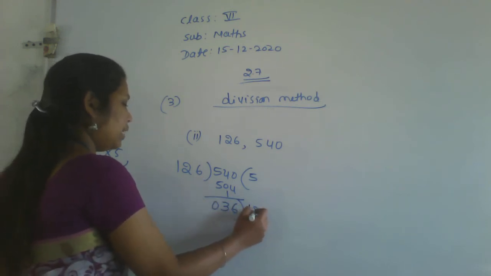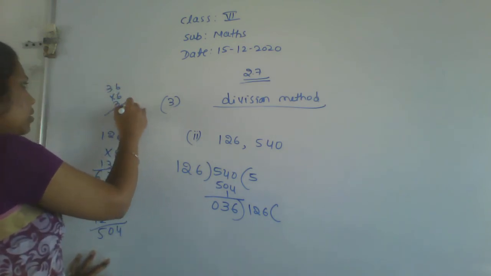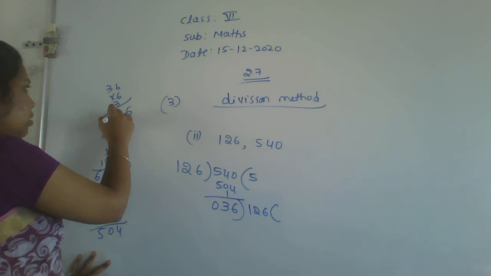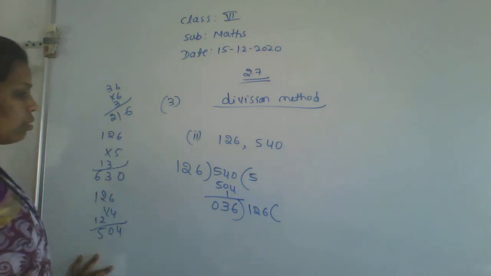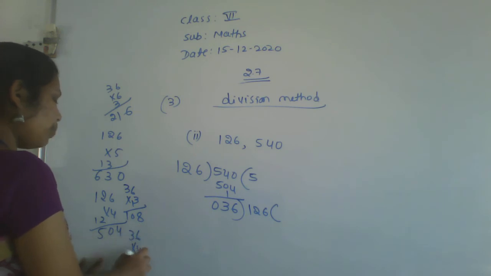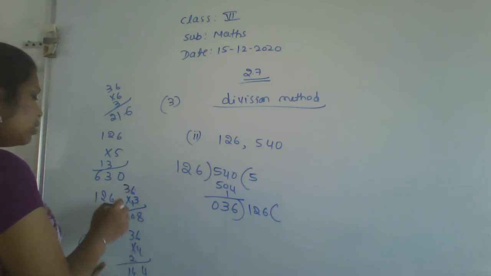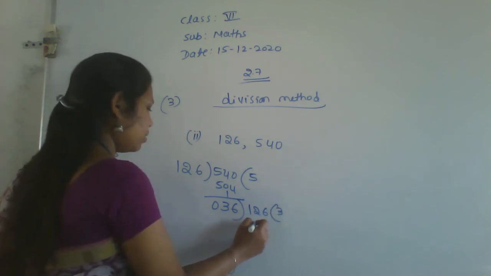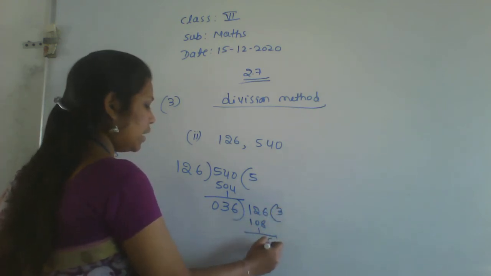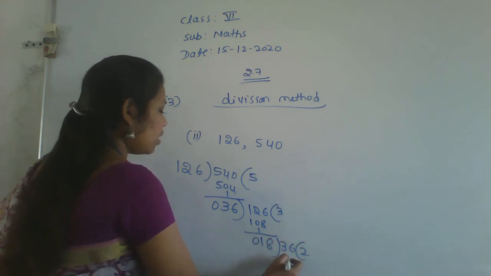Now divide 126 by 36. 36 3s are 108, we can take that. 126 minus 108 is 18. Next divide 36 by 18. 18 twos are 36.